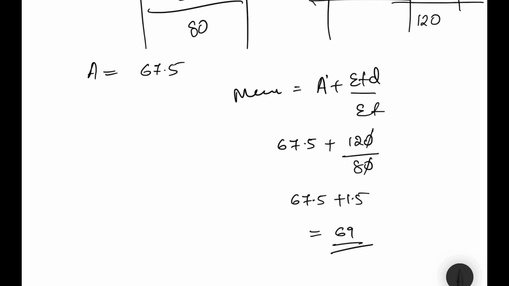Then let us continue with the next method, that is step deviation. I'll do a question related to the step deviation method now. Then the rest of the questions you can work out. So coming to the step deviation method, let us do the third main. Third main you have to find both shortcut and step deviation. Only step deviation I'll be doing now. So marks and number of boys.